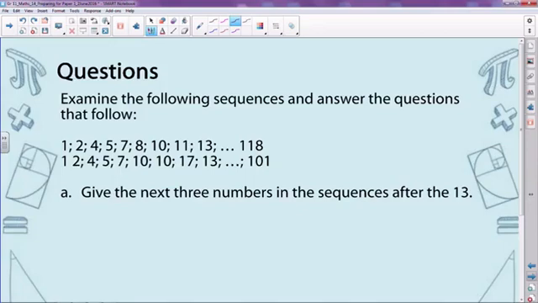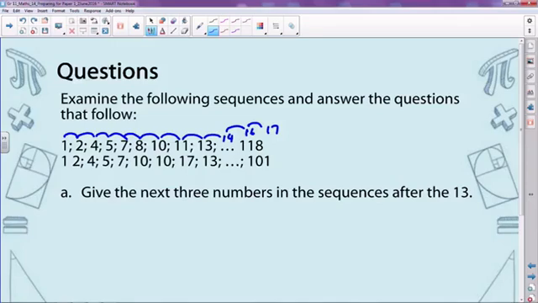But with this pattern, there's a difference of 1, then 2: 1, 2, 1, 2, 1, 2, 1. So you're going to have 14, and then 2, that's 16, 1, that's 17. Okay? So you can look at it that way.